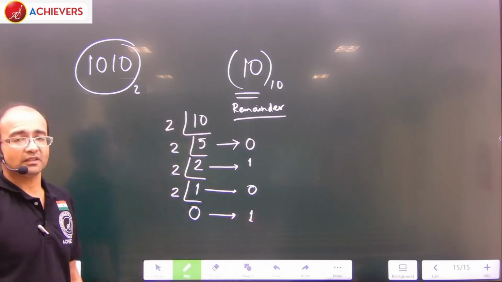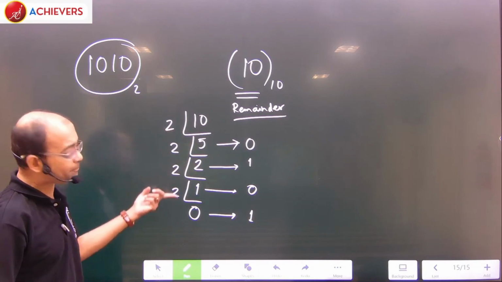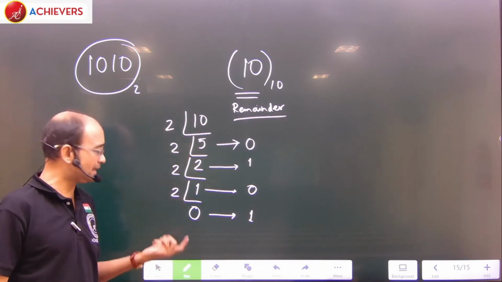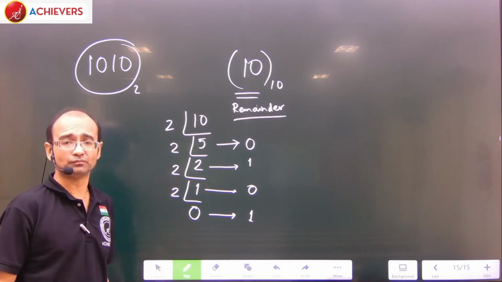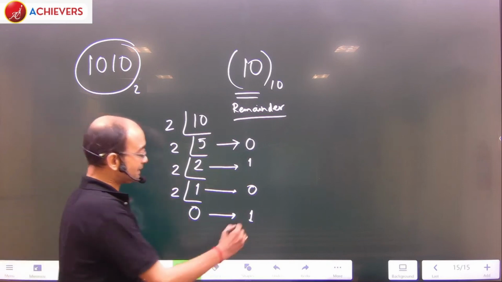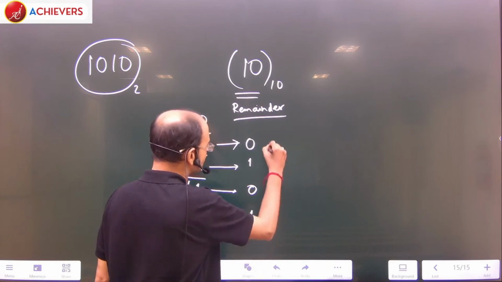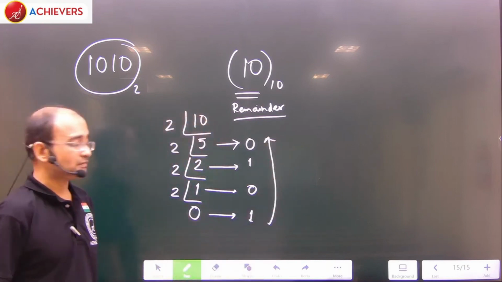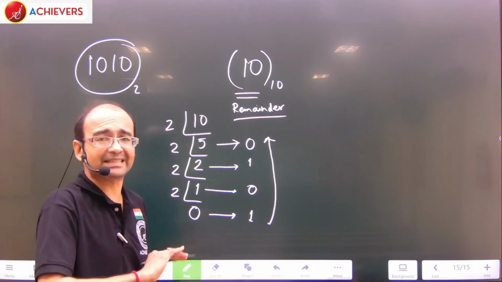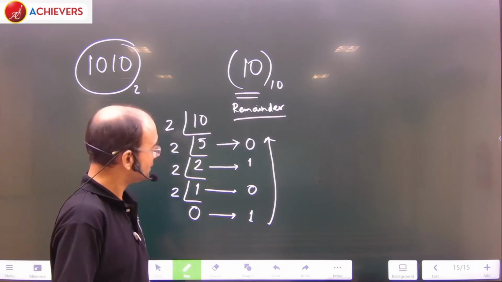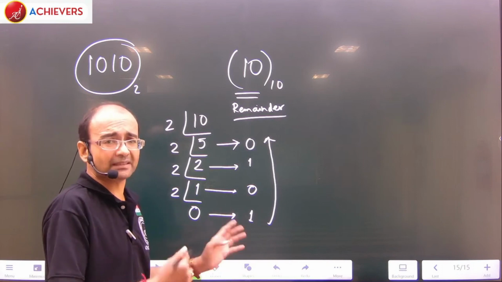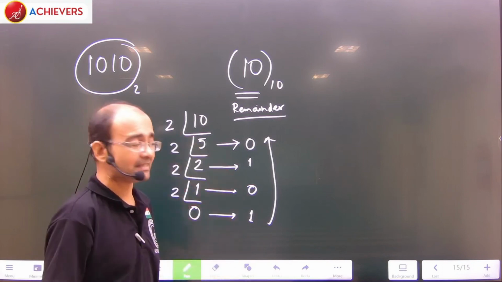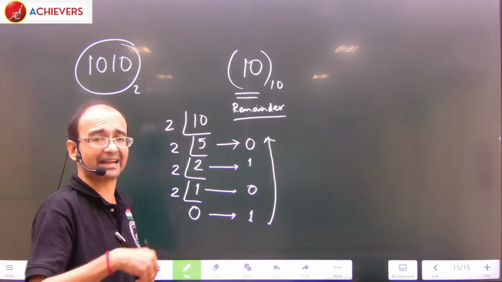So the rule is we will keep on dividing it by 2 until we have a quotient 0. And then we will just read out the remainders upside down. That means it is following a stack data structure where we are popping the different elements which are pushed at the end of the stack, the remainder stack.